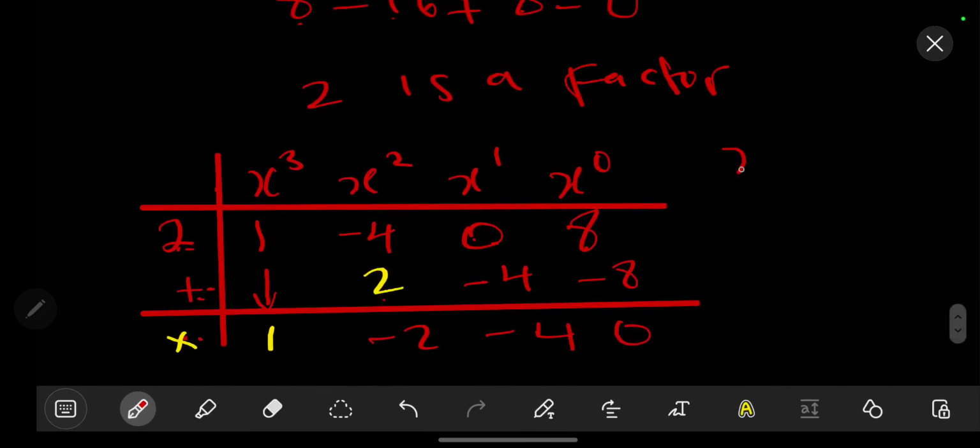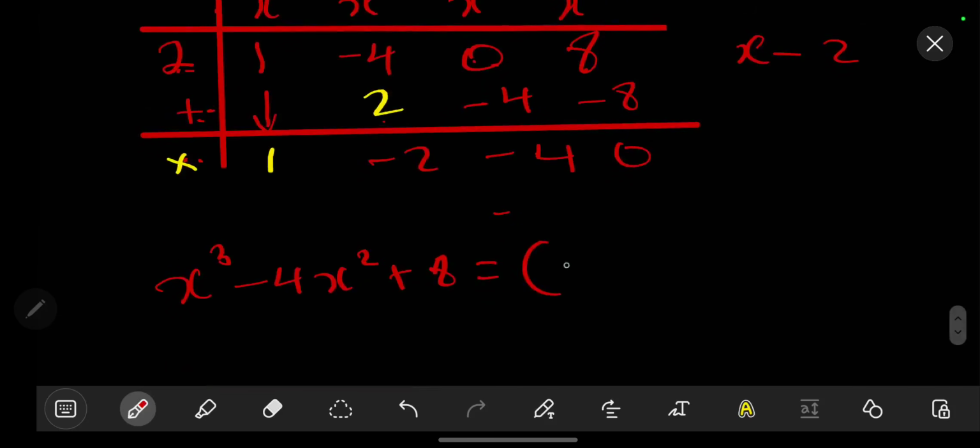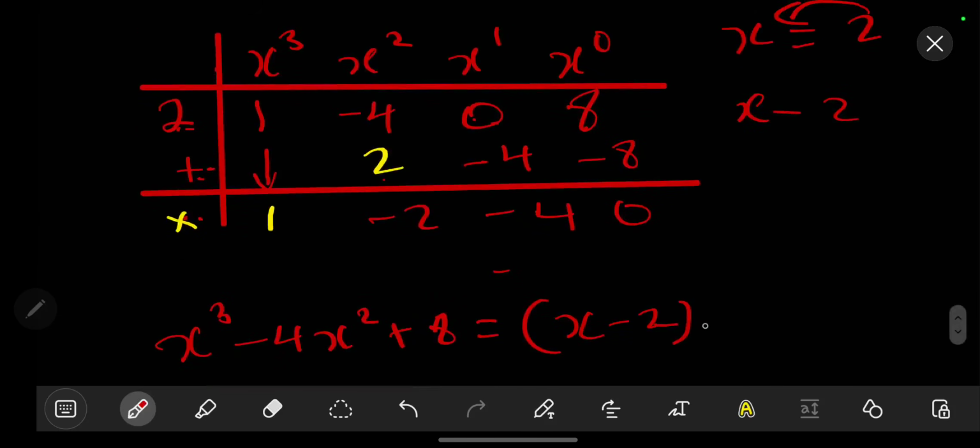If we said that x is equal to 2, it means that x minus 2 is a factor. So we put x minus 2, then times, so the coefficient is 1, so it will be x to the power 2, minus our 2x, then minus our 4.